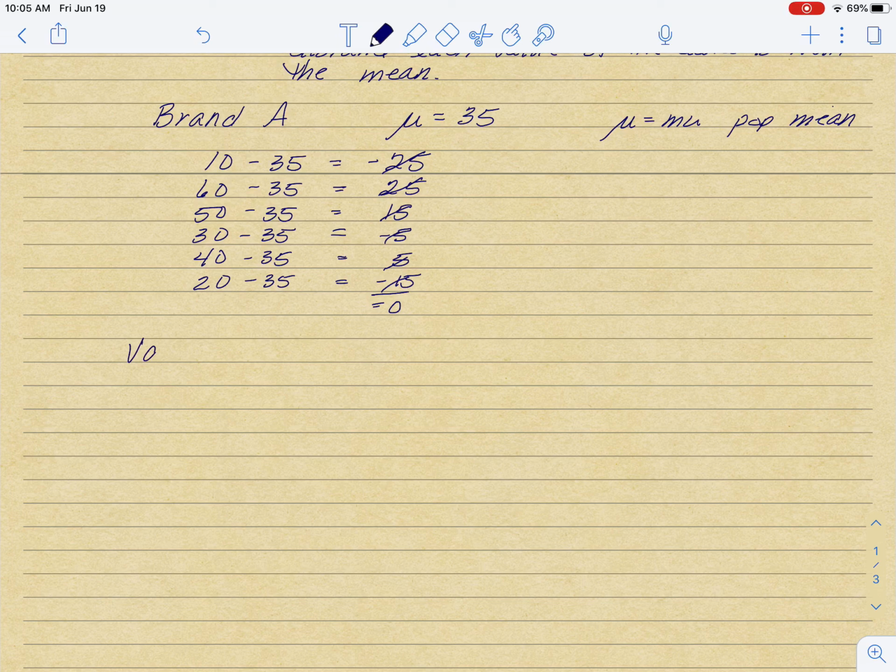So here's how we find variance. The first step in finding variance, well, let's put the formula for a second. Variance is sigma squared, this is population variance. Sigma squared equals, we're going to add up all the differences between the data and the mean, and we're going to square those things.